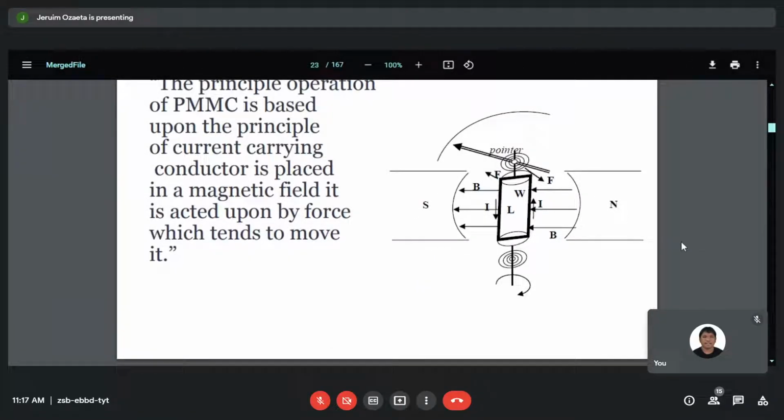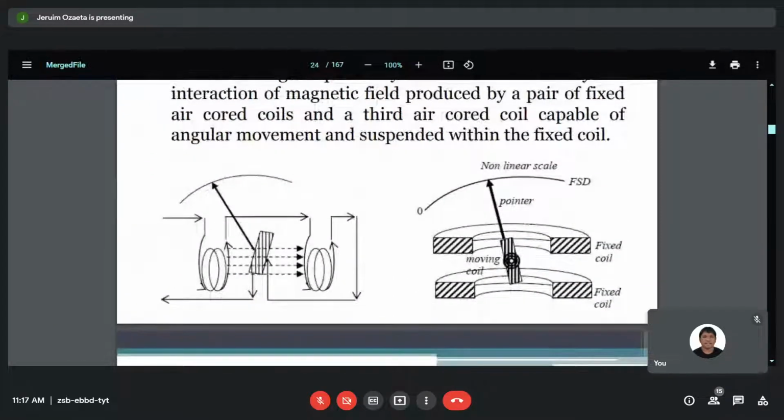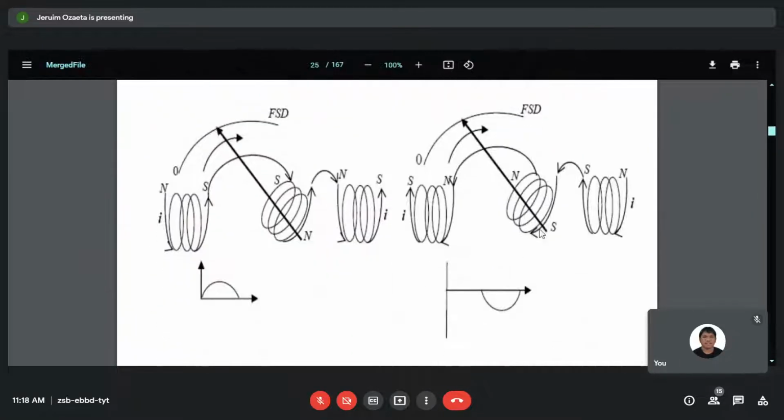If the field coming from the permanent magnet influences the coil, with a spring, the pointer will rotate. Okay. So, ayan na yan. Ito na ngayon. So, if the instrument is said to be like this, the current in the field influencing the field that is created by the same current in the coil, in the moving coil, this is the moving coil, will create a deflection. Oh, ito the same, this moving coil. So ito na ngayon.